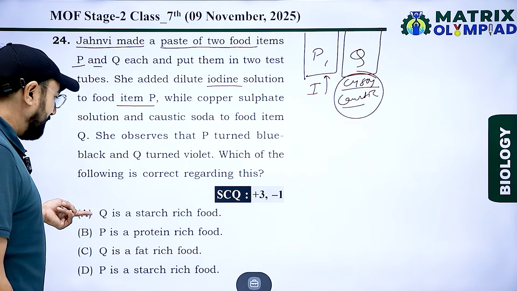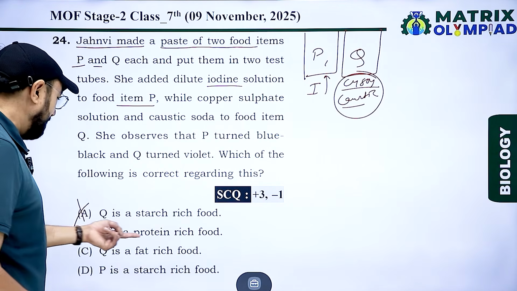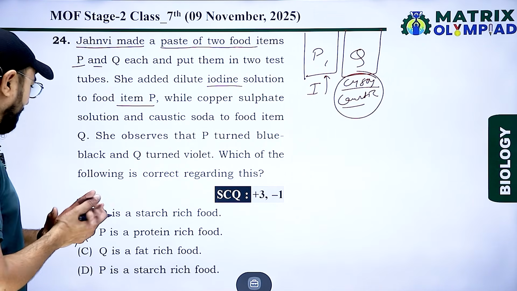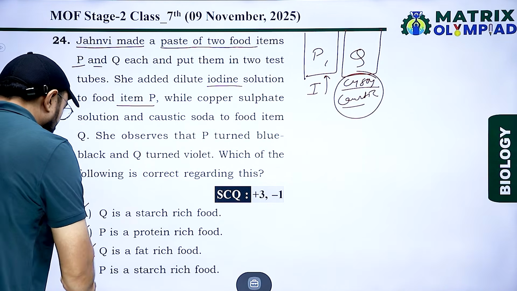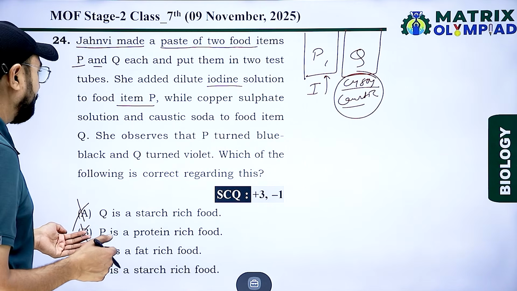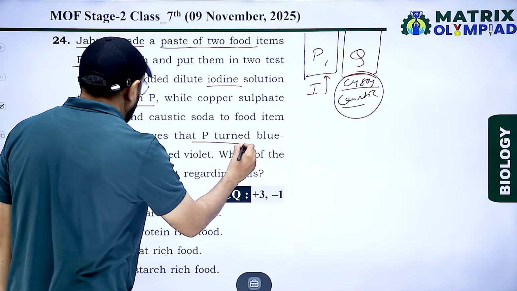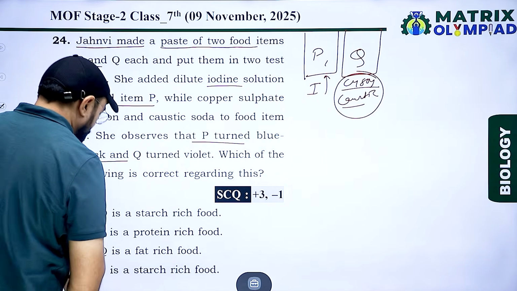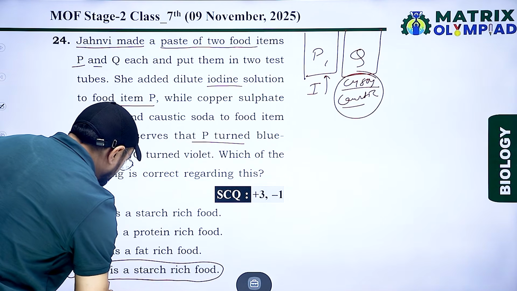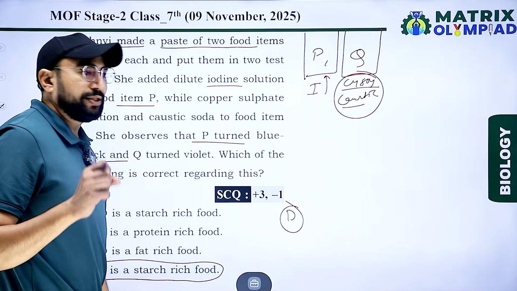Q is a starch-rich food, no. P is a protein-rich food, no. Q is a fat-rich food, no. And P is a starch-rich food, because in the presence of starch, P turns blue-black. So P is a starch-rich food. Option D is correct for this question.